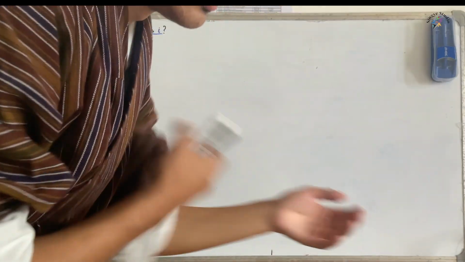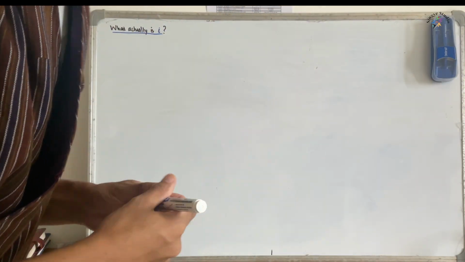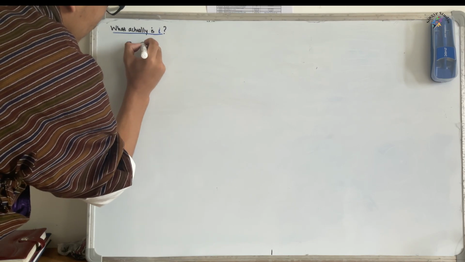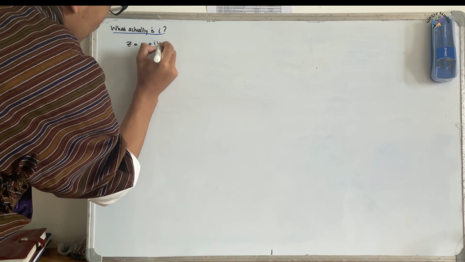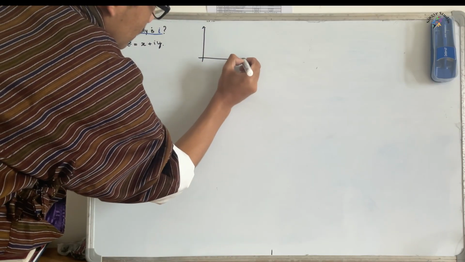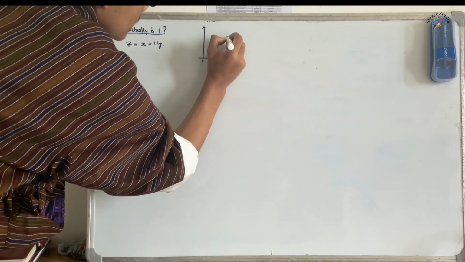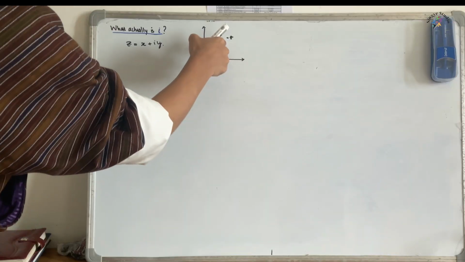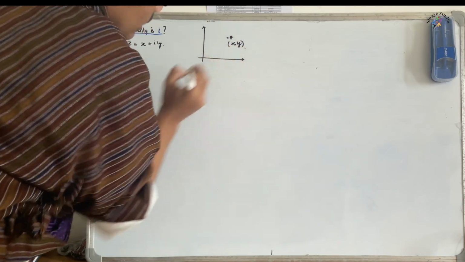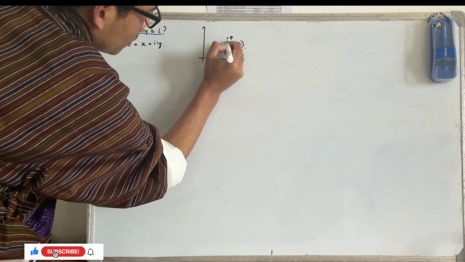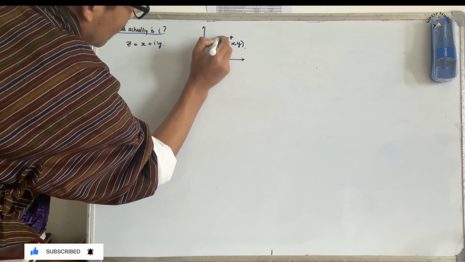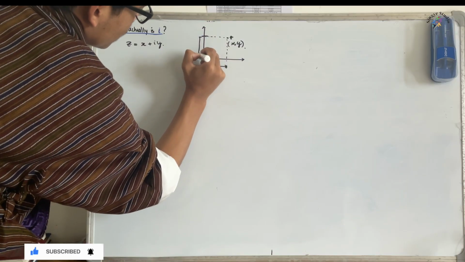Now we all know that a complex number z can be written as x plus iy. In the Cartesian coordinate plane, this is a complex number z with coordinates x, y. If you project here, this is x and this is y.